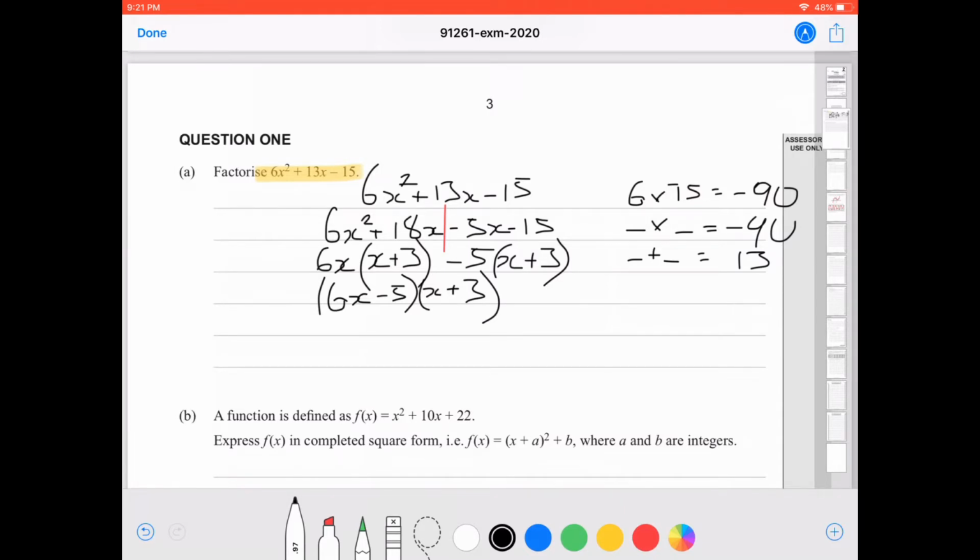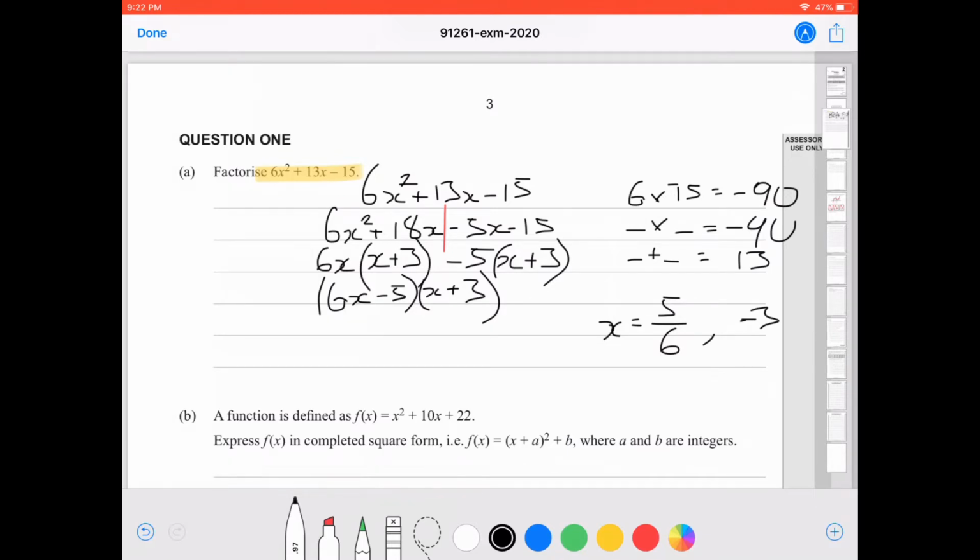Now there is another way you could have done this. You could have gotten your calculator and plugged in the numbers a, b, and c, 6, 13, and negative 15, and solved your quadratic. Our x values come out as x equals 5 over 6 and negative 3.